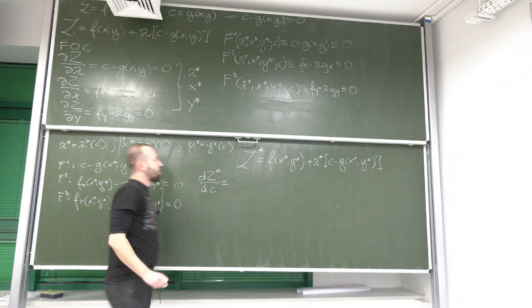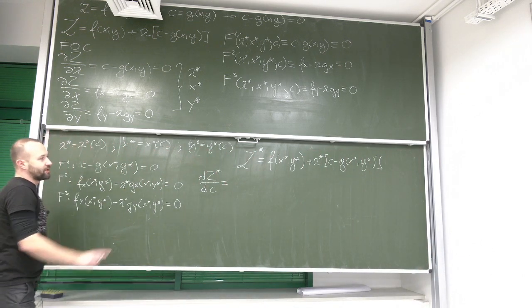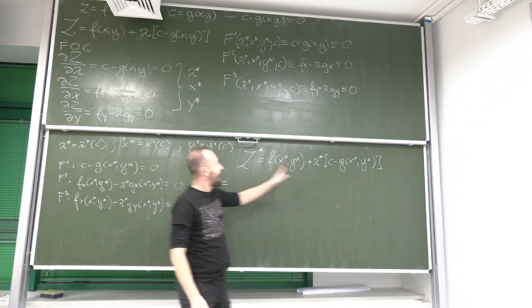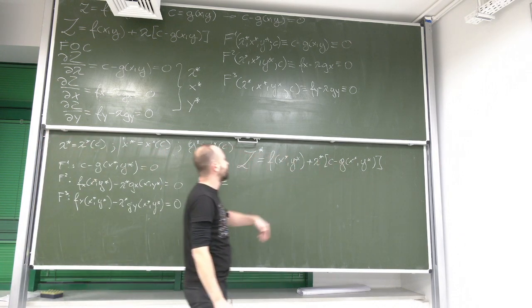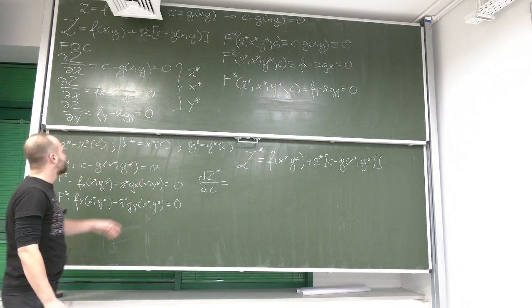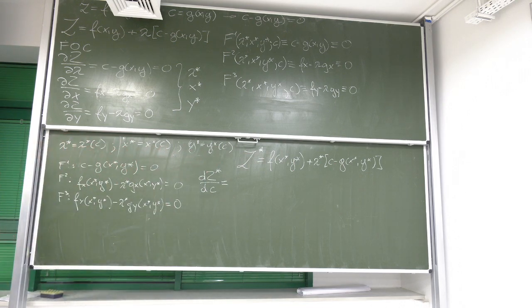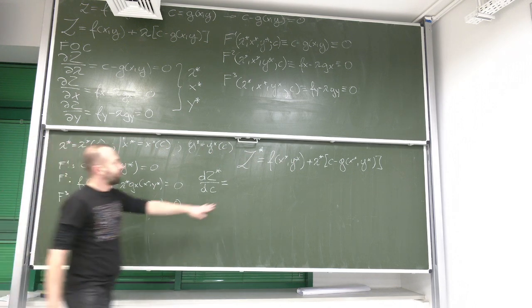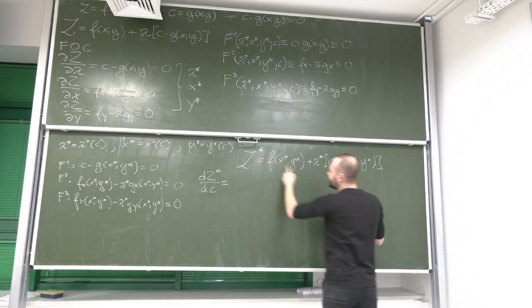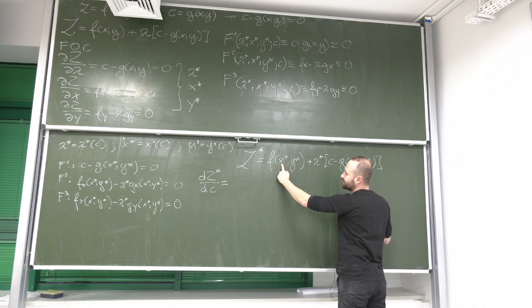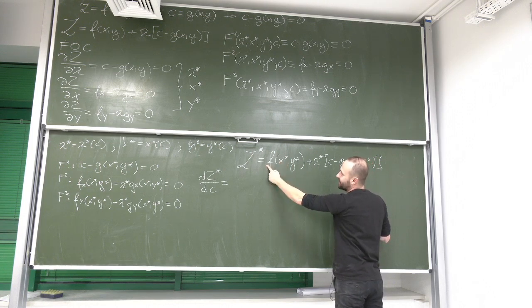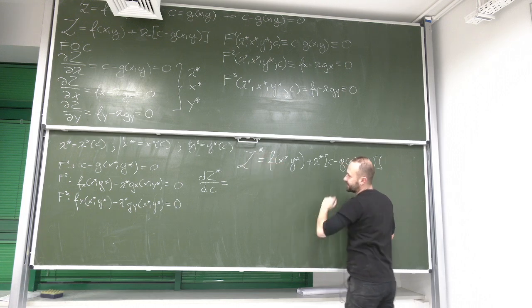So look, we need to differentiate every expression over here with respect to c, keeping in mind those are also functions of c. So look, first, c can influence x, right? And then x will influence z, right?